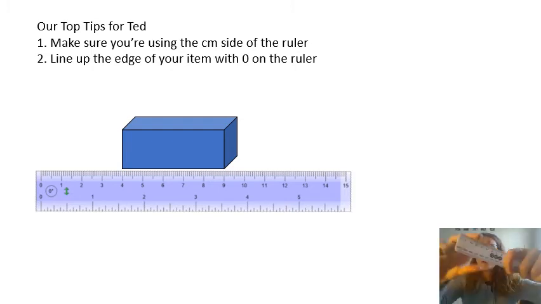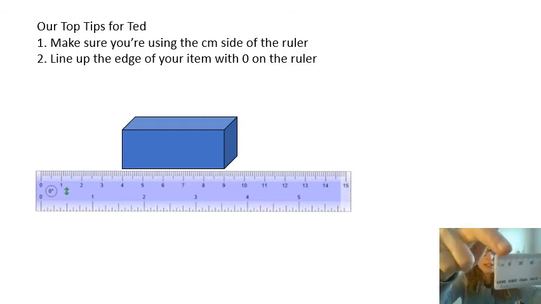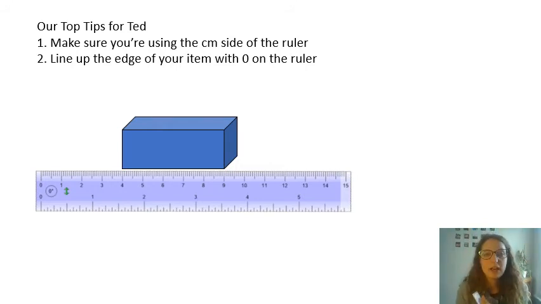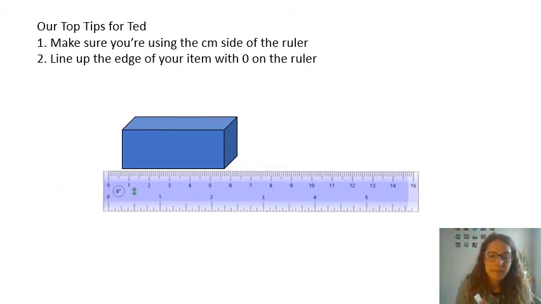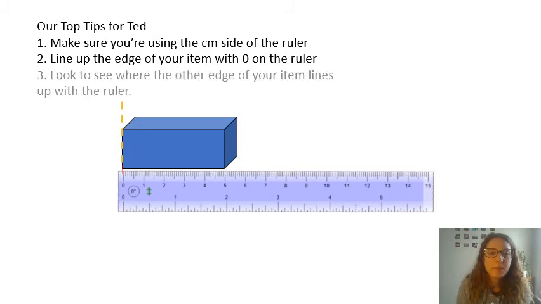If you have a look at my ruler, you can see that there is a gap before the first line. We don't start our measuring at the end of the ruler, we need to start at that very first line and line it up carefully. So not at this very end, but lining it up. Can you see how it's lined up?